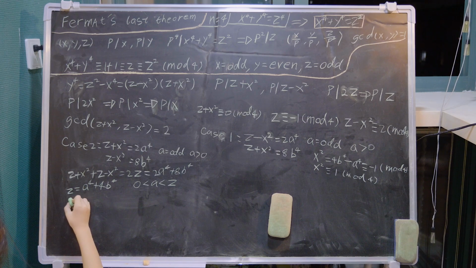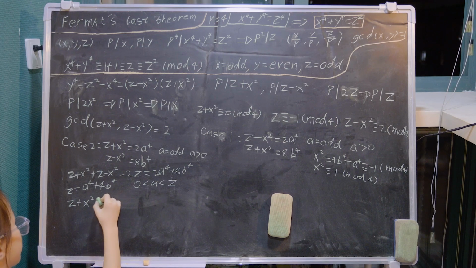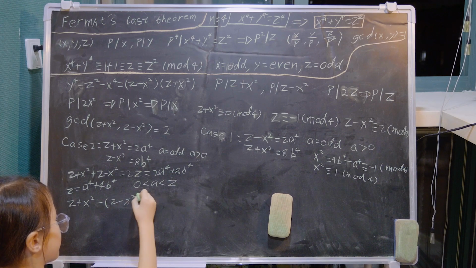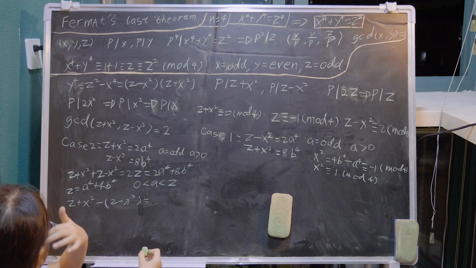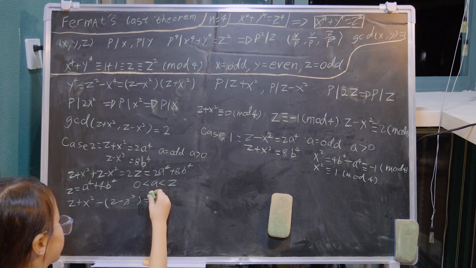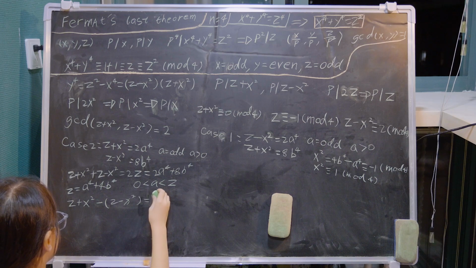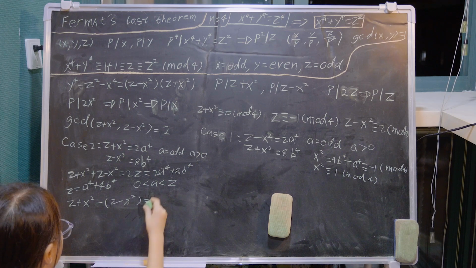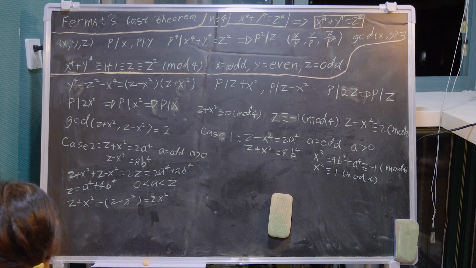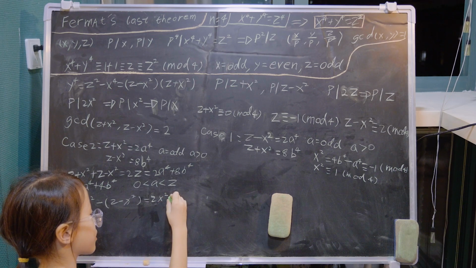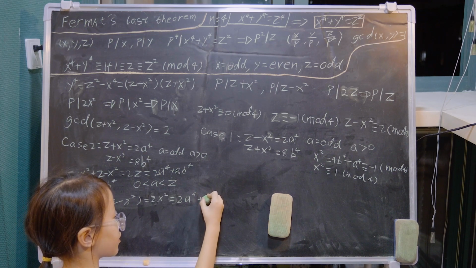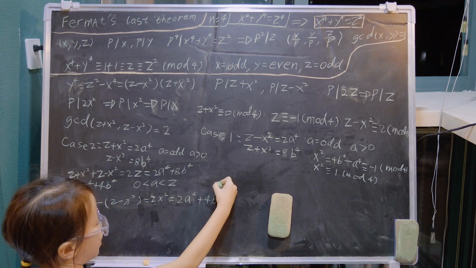So first, (z plus x) to the 2, and then minus (z minus x) to the 2, and that's equal to 2x to the 2, and that's equal to 2a to the 4 plus 4b to the 4.